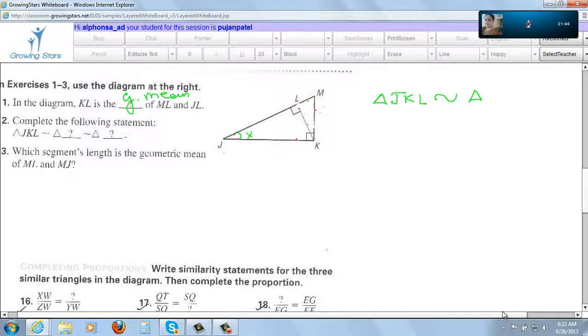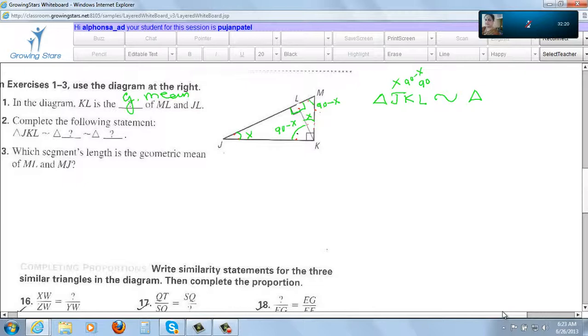And you have a 90 here, so this is going to be 90 minus X. So the rest of it is going to be X. You have 90, and this is 90 minus X. So now let's go JKL. J is X, K is 90 minus X, and L is 90.